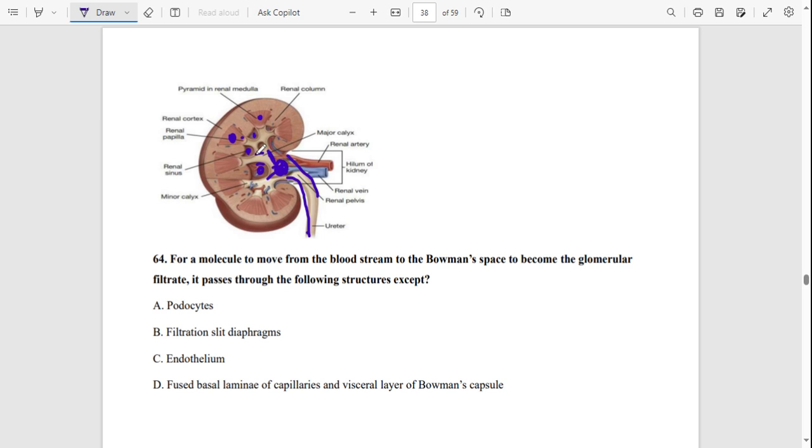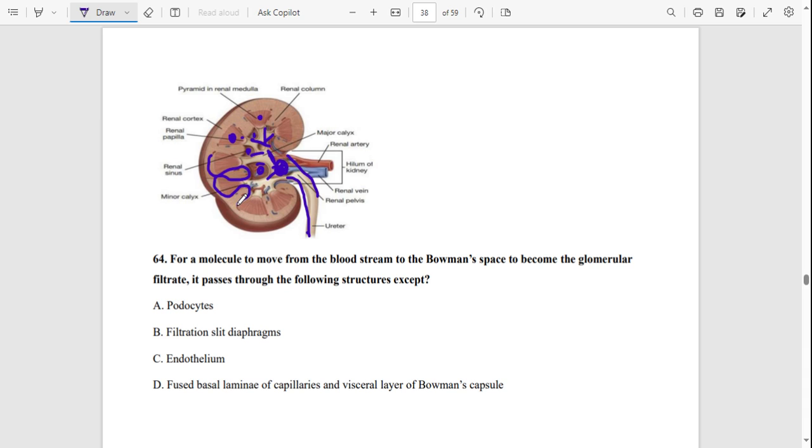Major calyces will further divide into minor calyces, which will wrap the renal papillae, which is the end of the renal pyramids. And then the other thing that you need to know about the kidney is that the cortex is going to go into the medulla, dividing the medulla into pyramids.